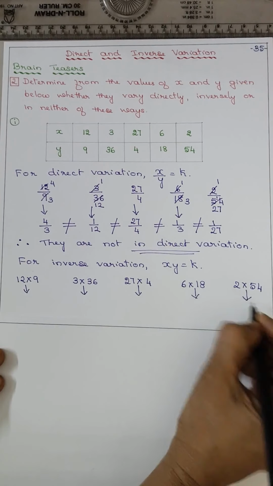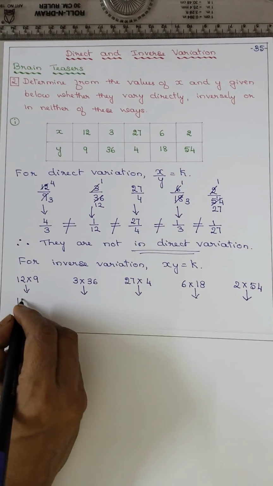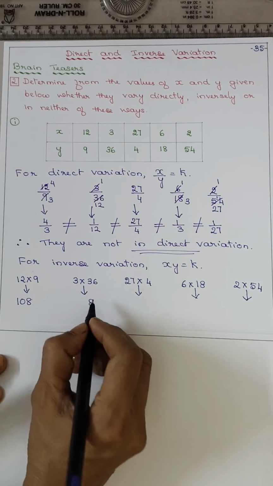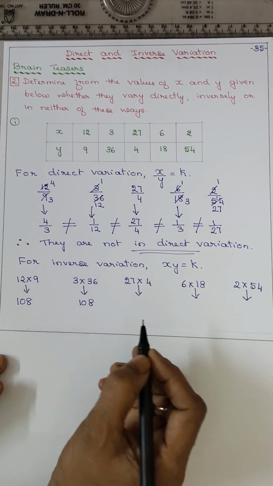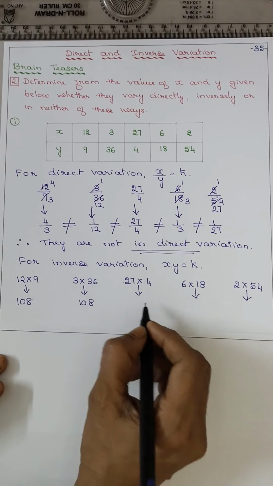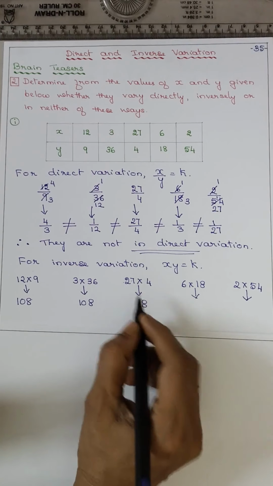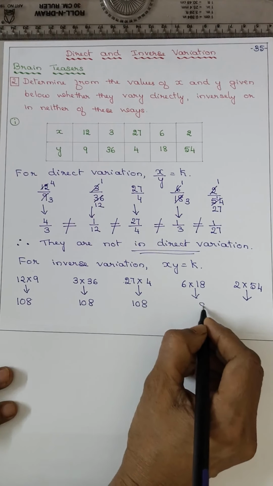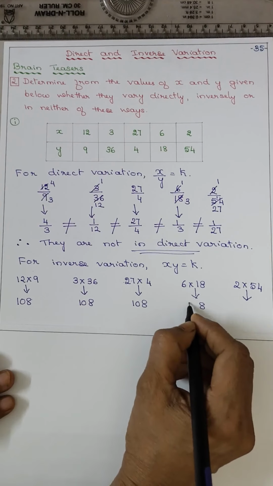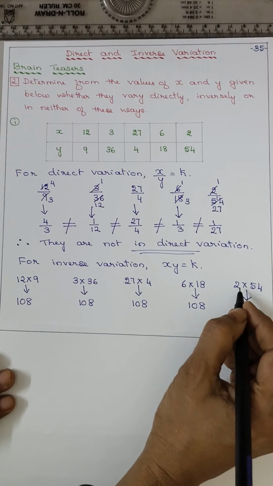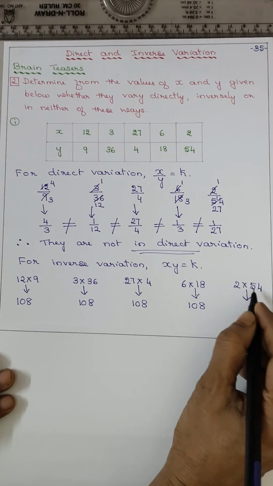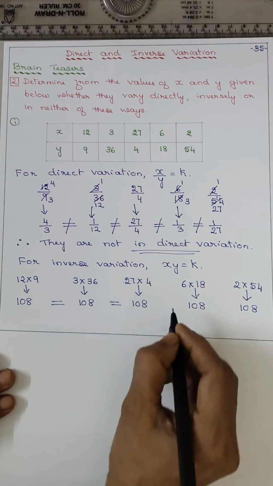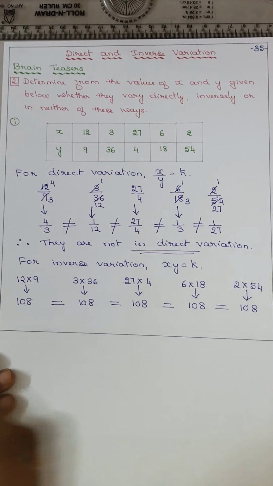Multiply and see. 12 nines are 108, 3 thirty-sixes are 108, 27 fours are 108, 6 eighteens are 108, 2 fifty-fours are 108. So, everywhere you got 108.